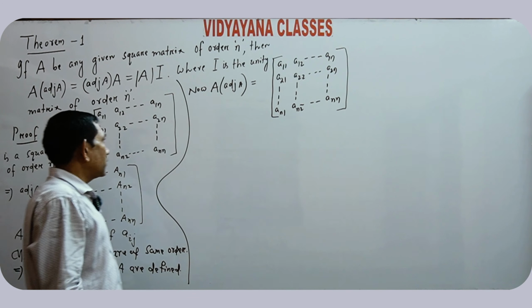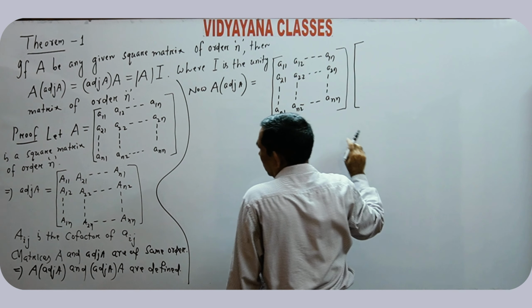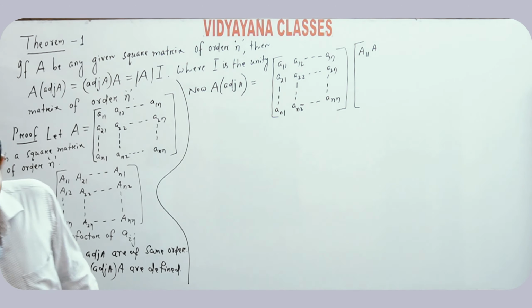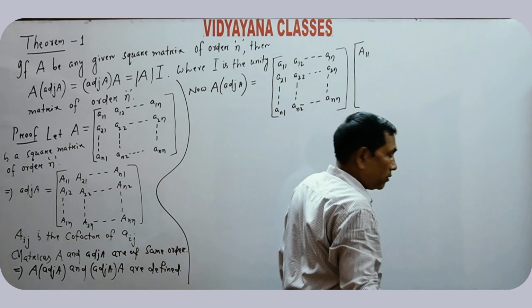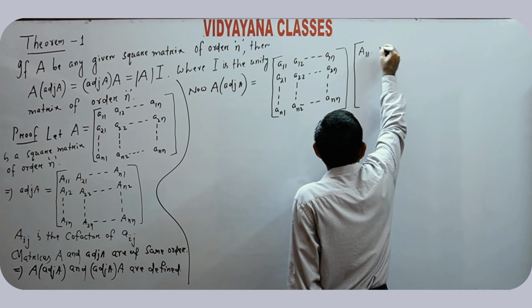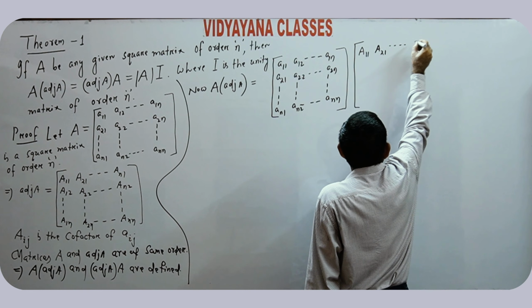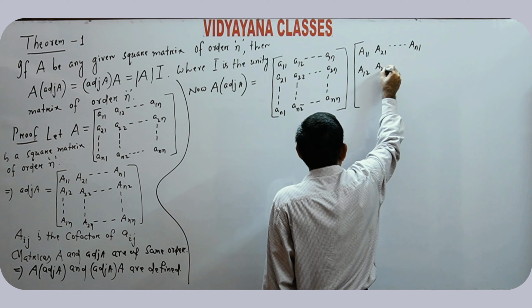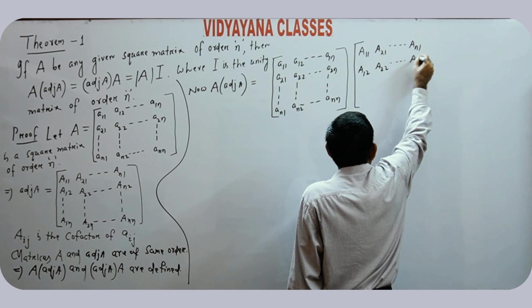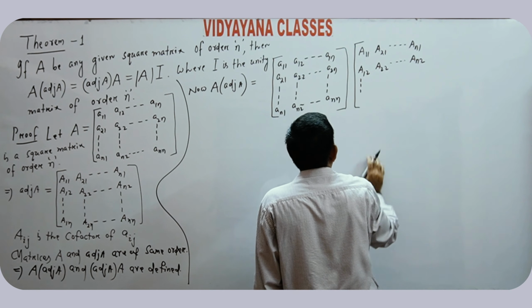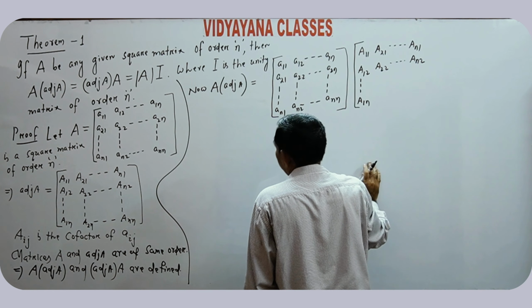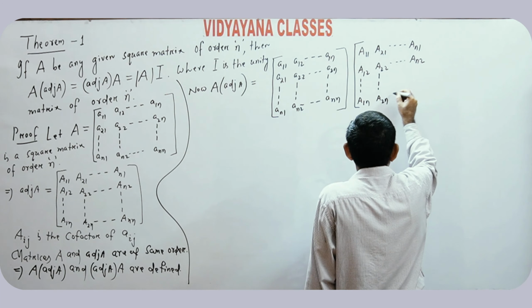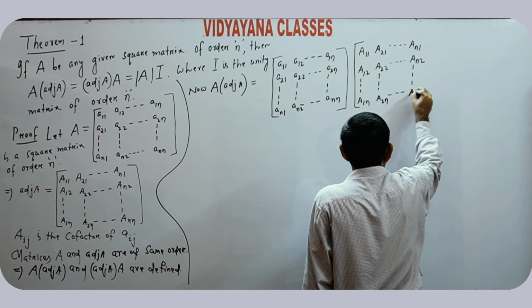Adj A is also a square matrix of order n, with elements capital A11, A21, dotted An1, A12, A22, dotted An2, A1n, A2n, dotted Ann.